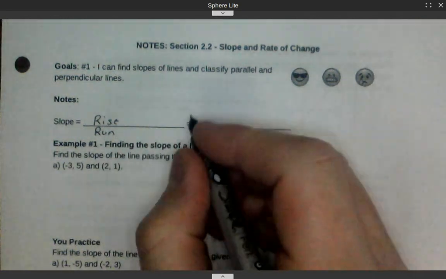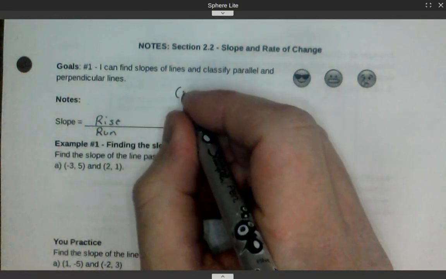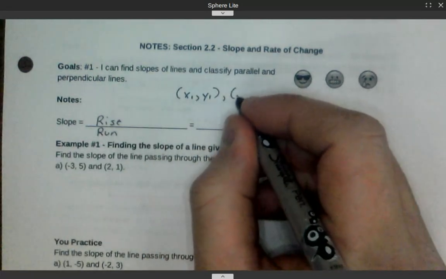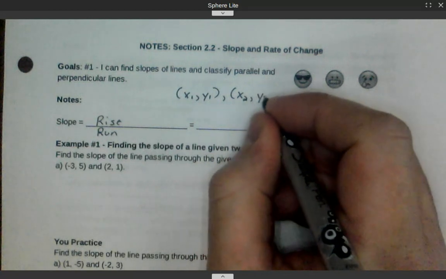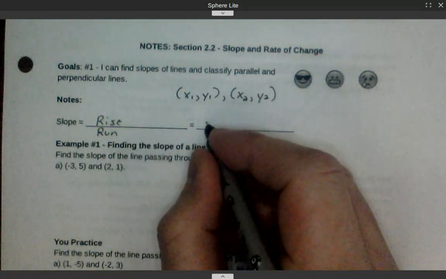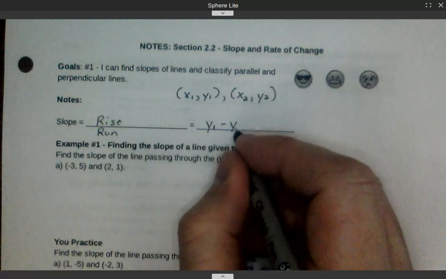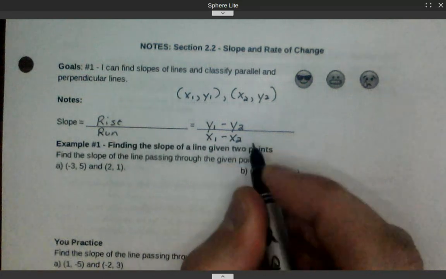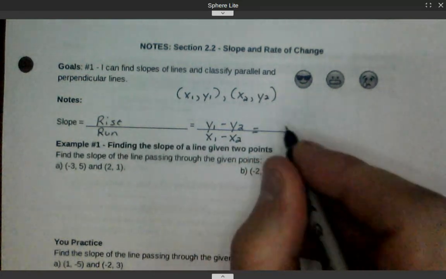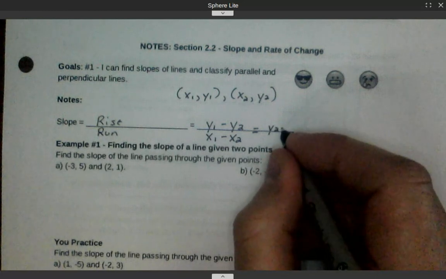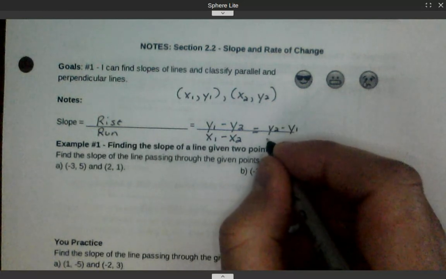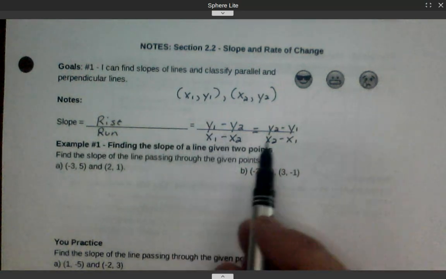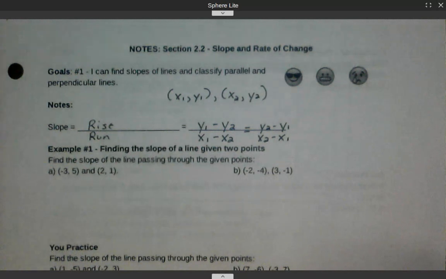The formula that we use for rise over run, given two points, x1 comma y1, and x2 comma y2, is either y1 minus y2 over x1 minus x2, or we also can do y2 minus y1 over x2 minus x1. Just make sure that the numbers are directly over themselves.